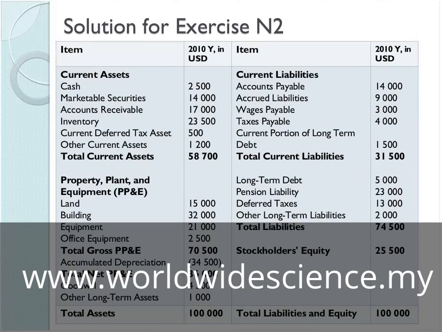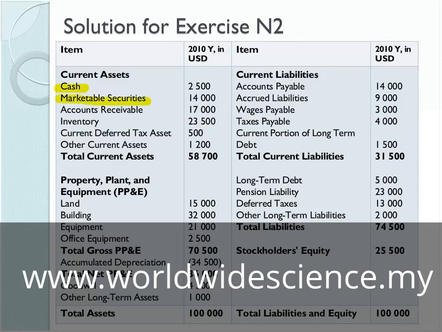Here, I prepared the balance sheet for you, which gives us the current assets. As you remember, first we must show our assets. First come the current assets, then come the fixed assets, right? The current assets here are cash and marketable securities, which is equal to cash, right?